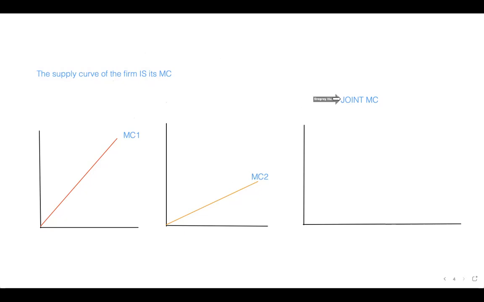Now, the next thing that we want to do is you might remember, and this is the part that I was hoping you would remember, the industry or market supply is, and I'm going to draw this out so I can have a little bit more space, and I'm going to abbreviate this, the horizontal sum of the individual supply curves for firms that make up the industry.